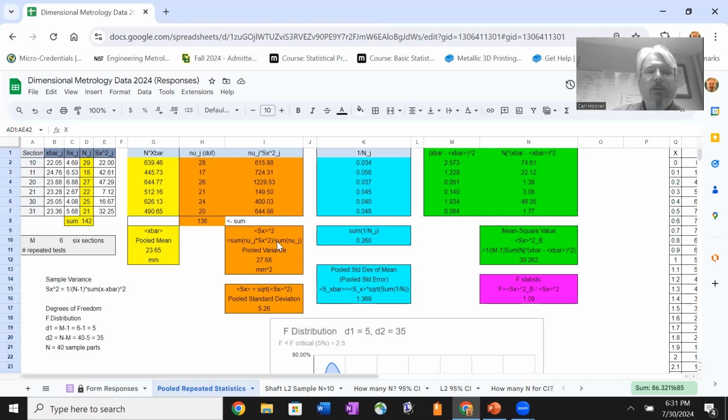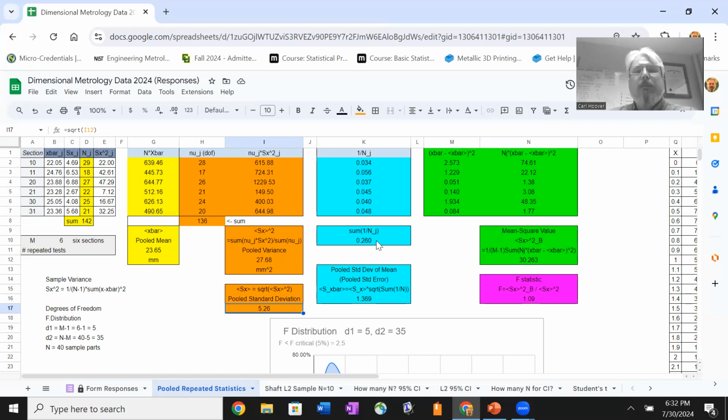So the equation is shown here, where we're summing up nu times the variance, and then we divide that by the sum of nu sub j, 136, the sum of the degrees of freedom. And the pooled variance is then 27.68. The pooled standard deviation is just 5.265, which is the square root of this.